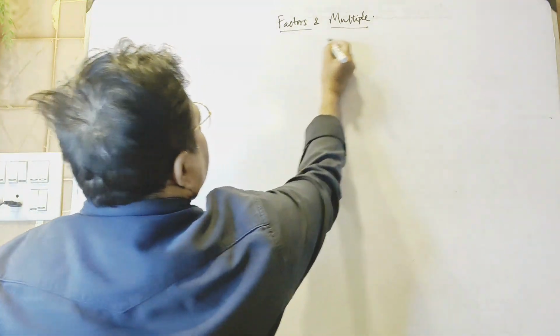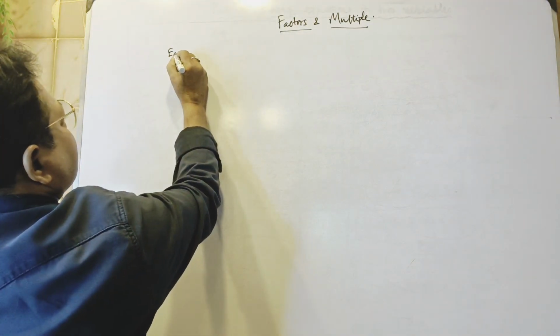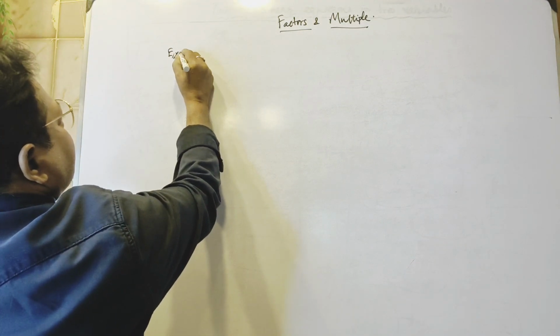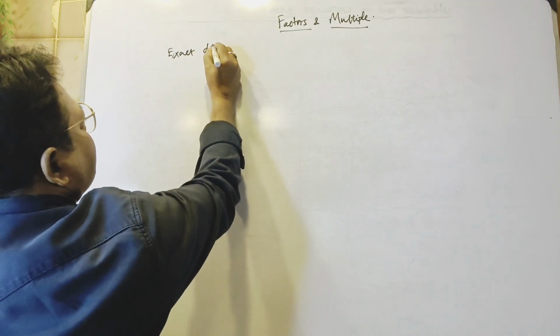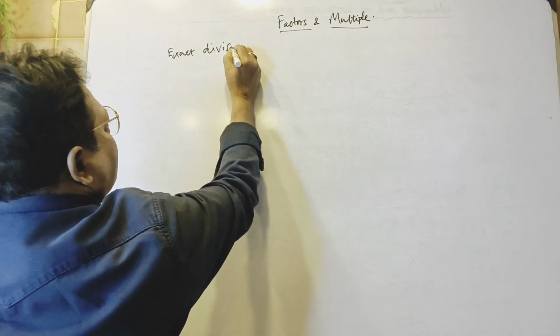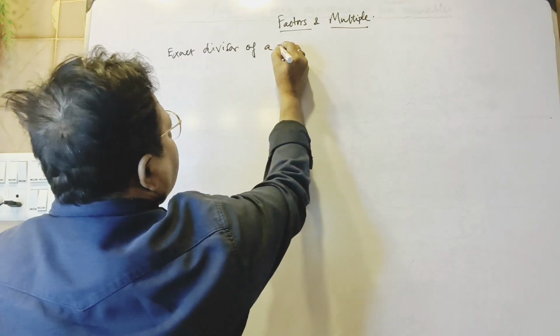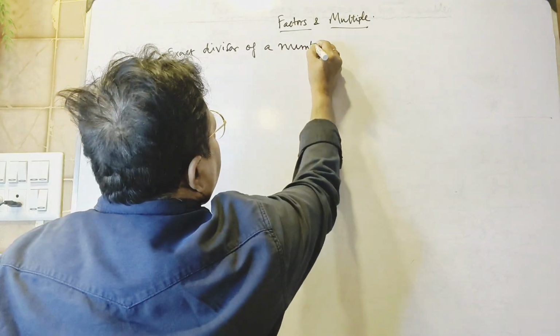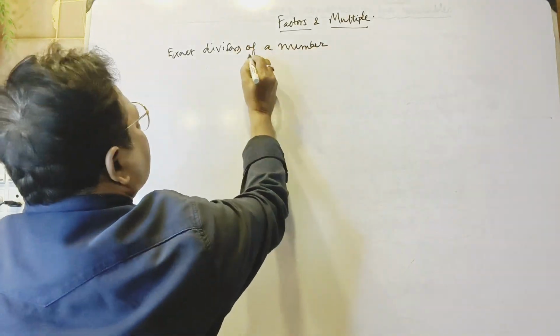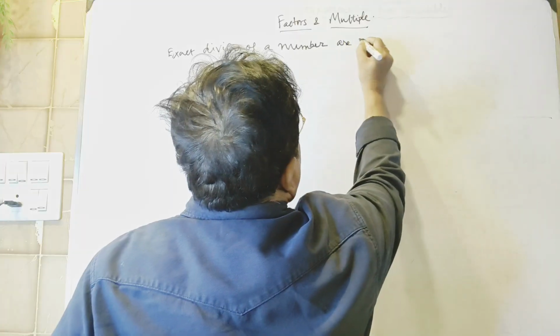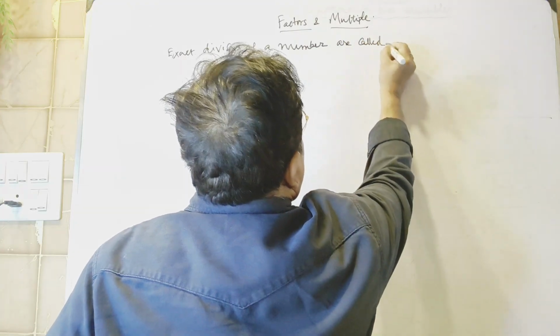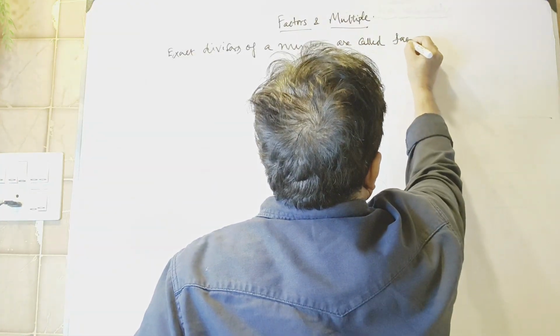What are factors? Exact divisors of a number. Divisors of a number are called factors.